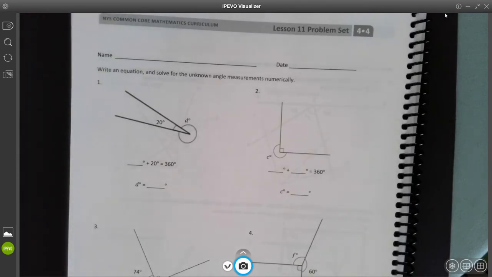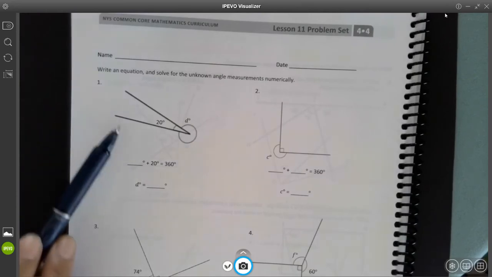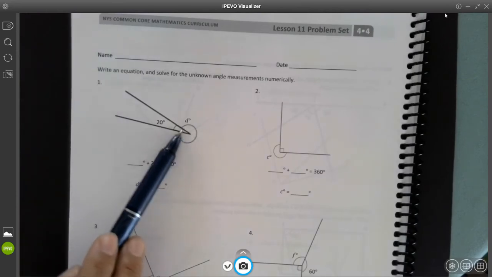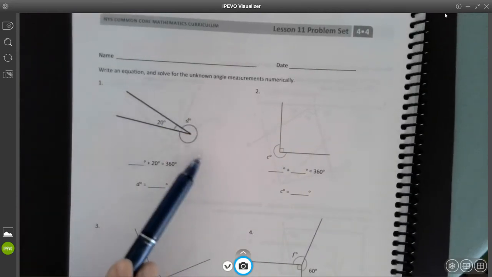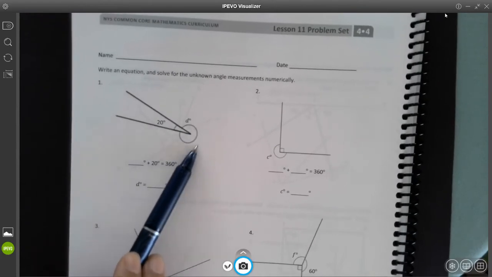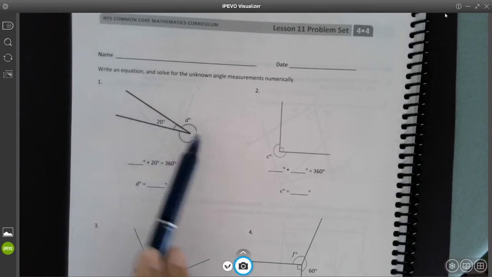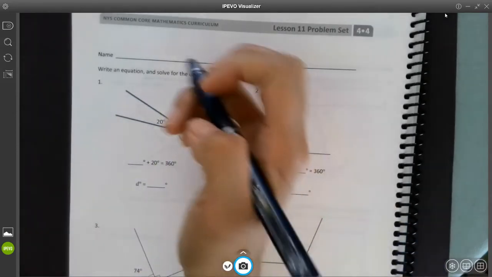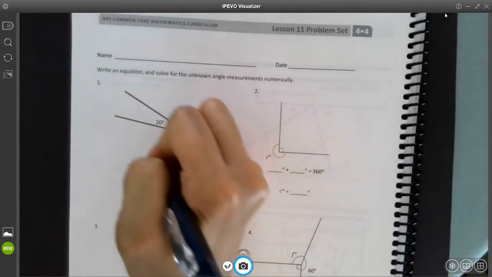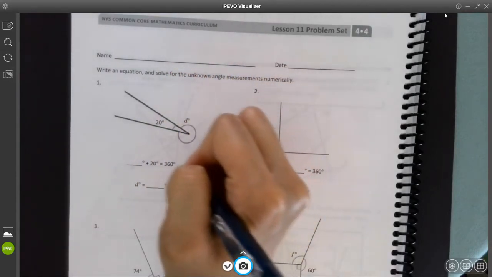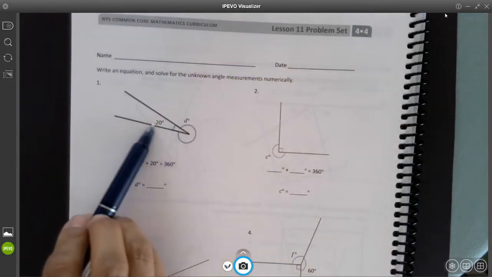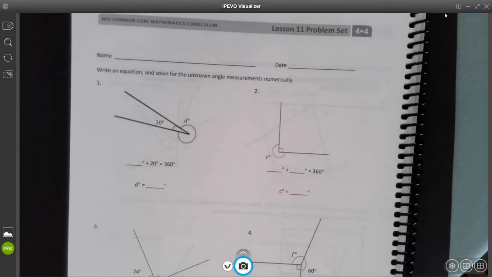So we know that angles that surround a point are always 360 degrees. And here they've shown us that circle. So we know this angle is 20 degrees. What is the other one? If you can imagine a whole pie, how much of that pie is left after this person took out 20 degrees of that pie?